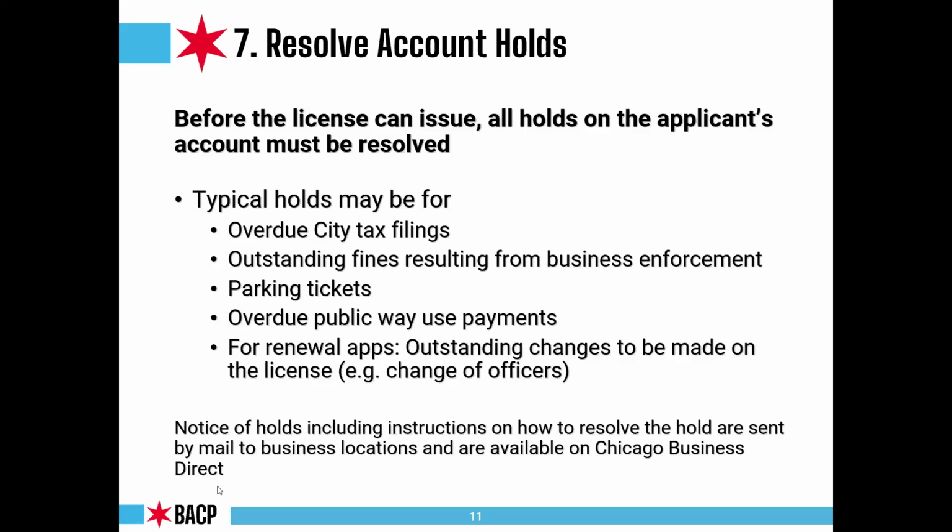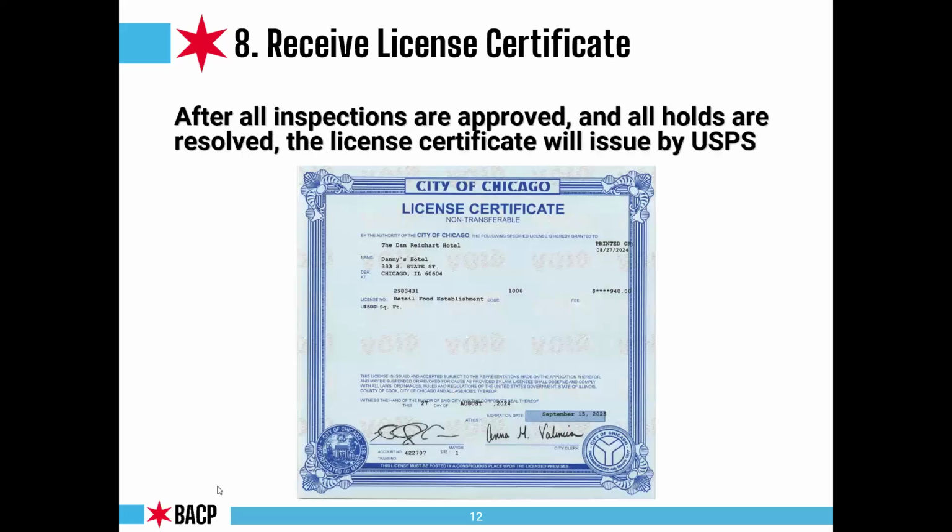Now, notices of holds: do note that instructions on how to resolve hold notices are sent by mail to business locations and are also available via Chicago Business Direct. So, after all inspections are approved and all holds are resolved, then congratulations, right? Your license has been issued and printed. You can now open for business.